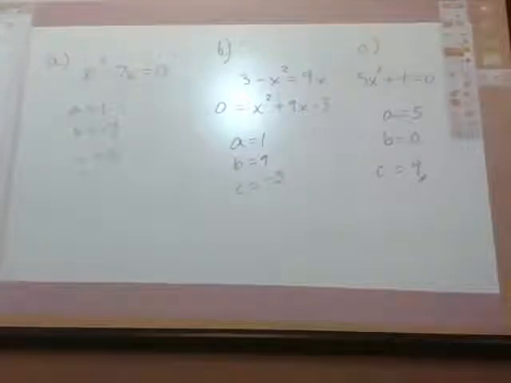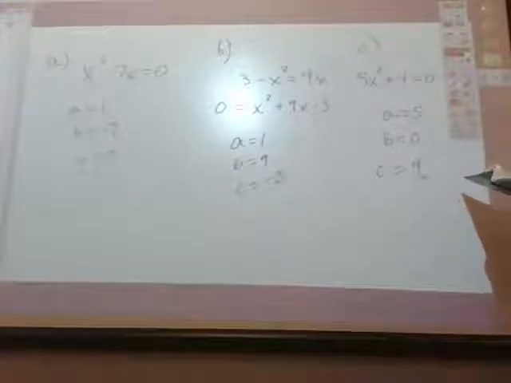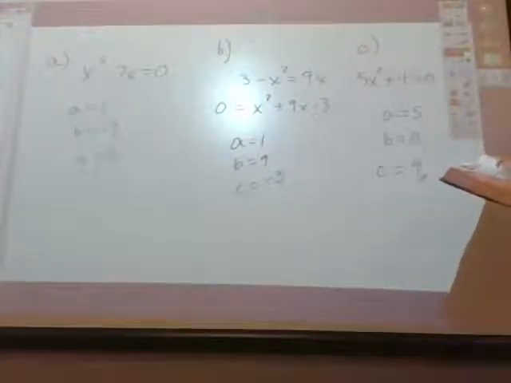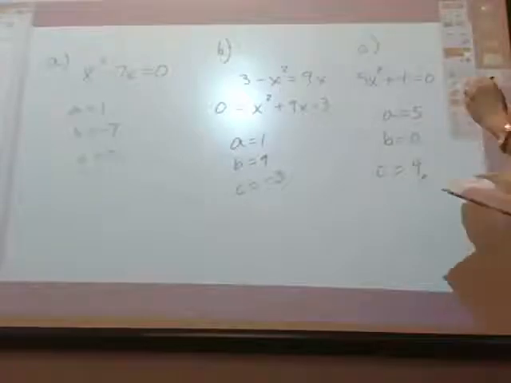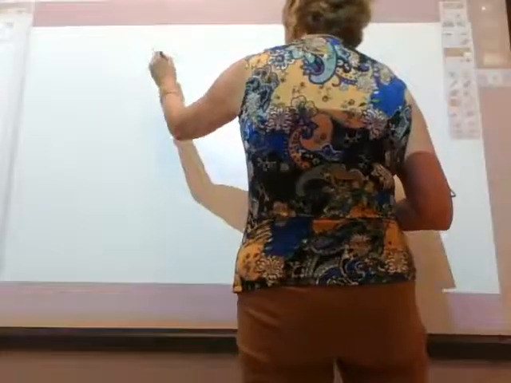All right, the next part that we want to do is to solve very basic quadratic functions. We want to factor them and find what we call the zeros, the solutions. So let me show you what I'm talking about with example 3.